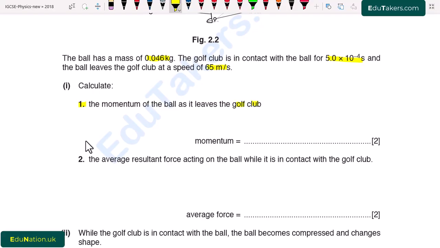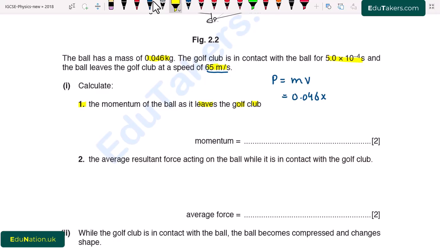Here we have to find the value of momentum. We know that momentum, represented by P, is the product of mass and velocity. I write here m and v. The mass is given, that is 0.046 kilogram, multiplied by speed, which is 65 meter per second, because we have to find the momentum of the ball as it leaves the golf club.